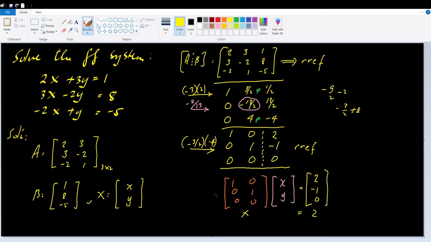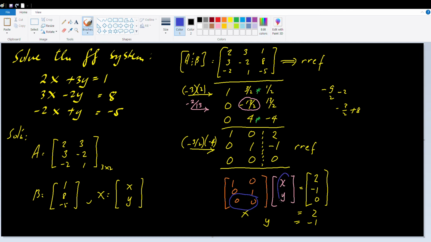Next, second row. Second row multiply to xy, 0 times x, 1 times y. That gives us y. That gives us y equal to this one, -1. And then the third row consists entirely of zeros.